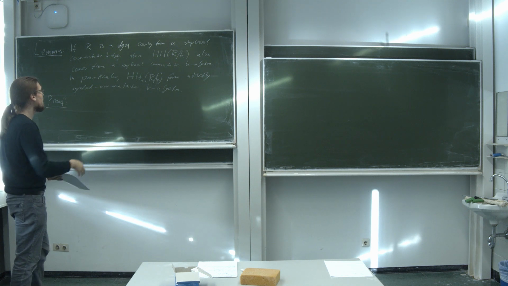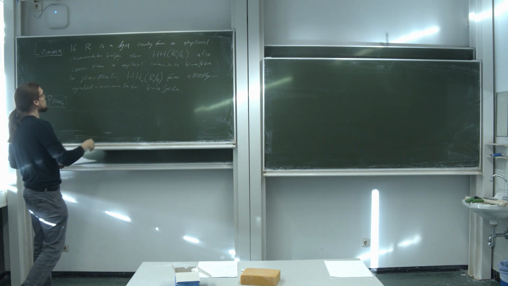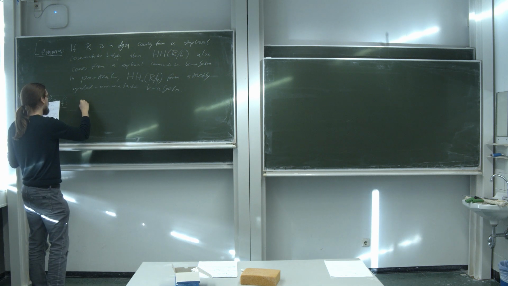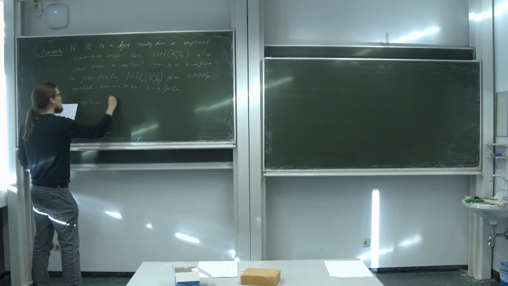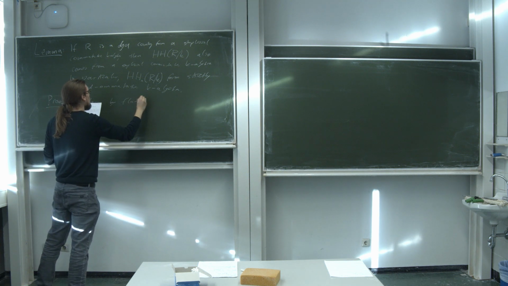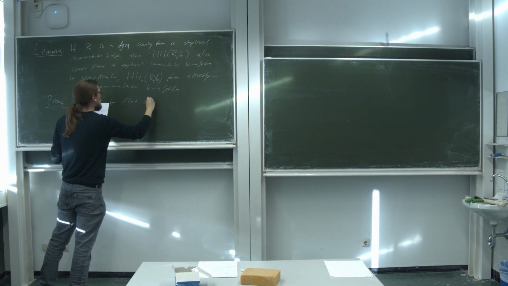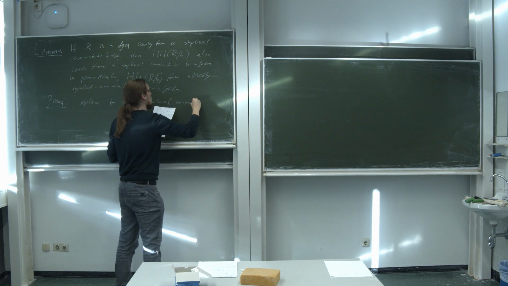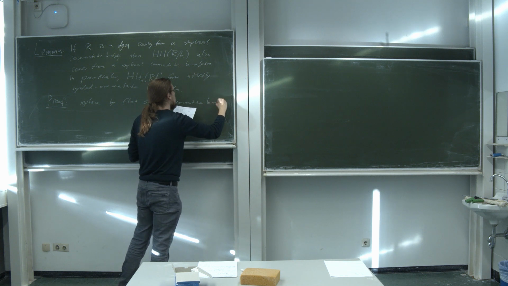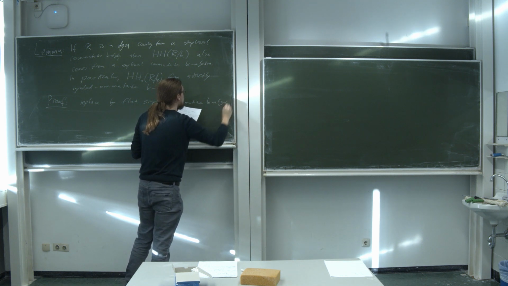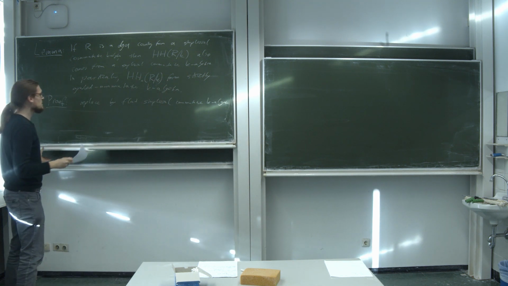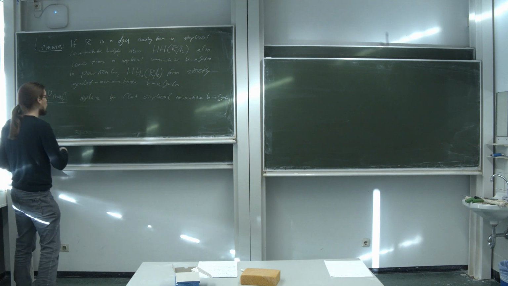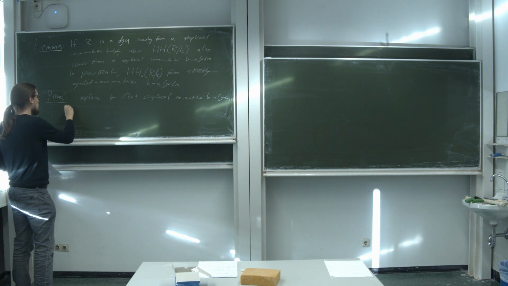So we may assume that we have a level-wise flat simplicial commutative K-algebra, and with this assumption, we can in fact just apply Hochschild homology level-wise.